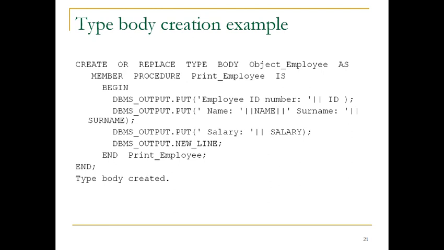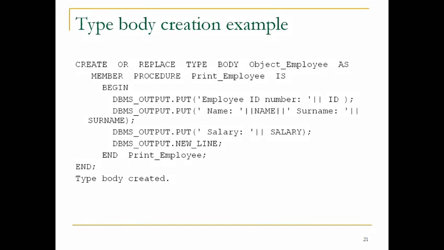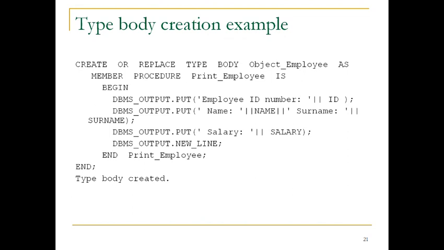And the type body of this type will be create or replace type body, the same name as previously used. You can see it was object_employee here, and it is object_employee also here. As member procedure print_employee is begin, and here is the end of the procedure, and here is the end of the type body.